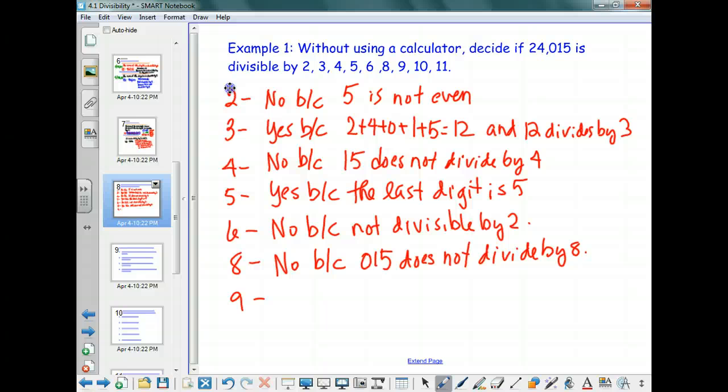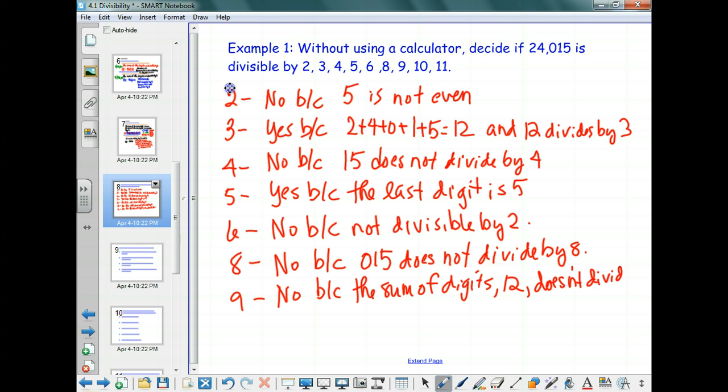Madison says no. Why not, Madison? Right, no, because the sum of digits was, what was it? 12, doesn't divide by 9.